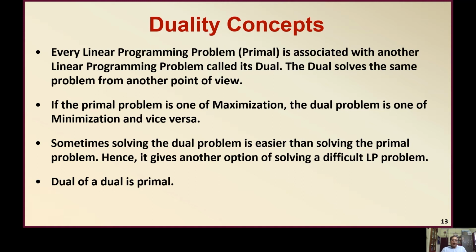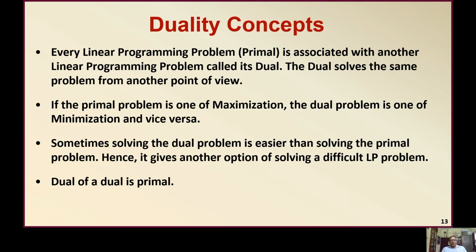In a maximization problem, the problem will look like: maximize the sum of Cj xj, subject to the resource constraints, which are all less than or equal to, and x1, x2, the chairs and tables, should be greater than or equal to 0. Find out how many chairs and how many tables are to be produced so as to maximize the profit.